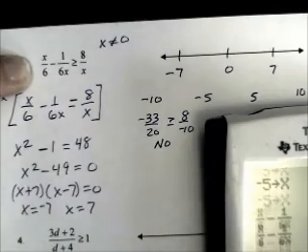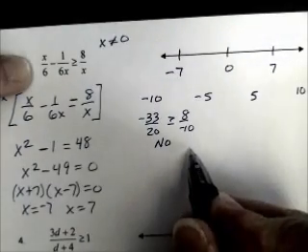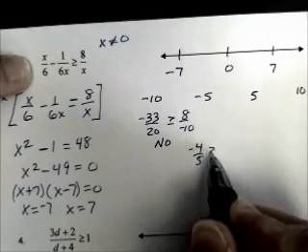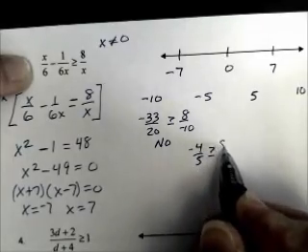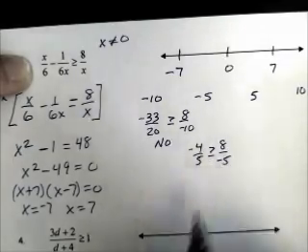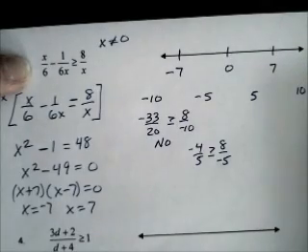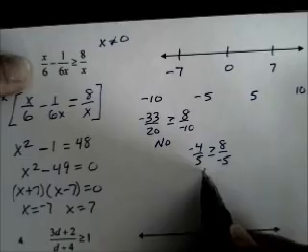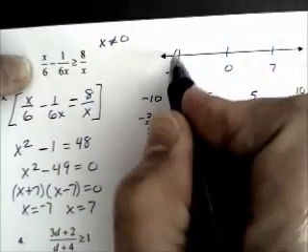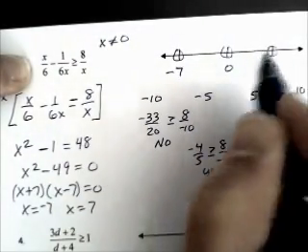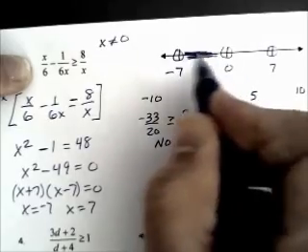There it is. Okay, -4/5. -4/5, is that greater than or equal to -8/5? Yes, it is. So we shade between -7 and 0.